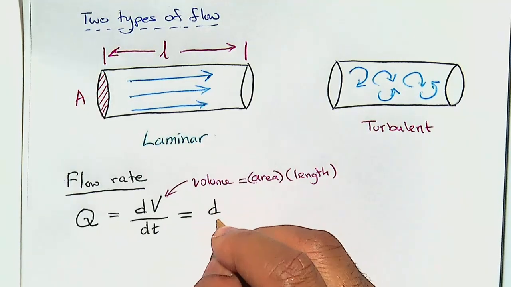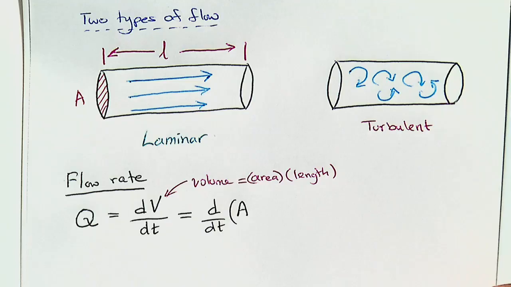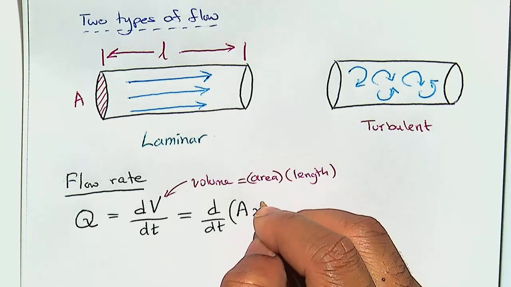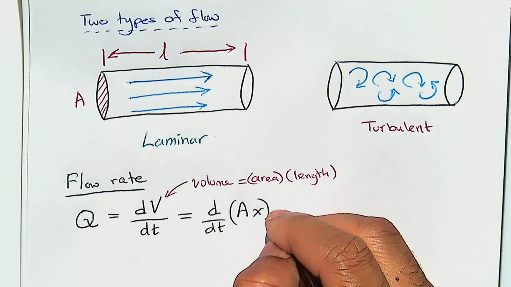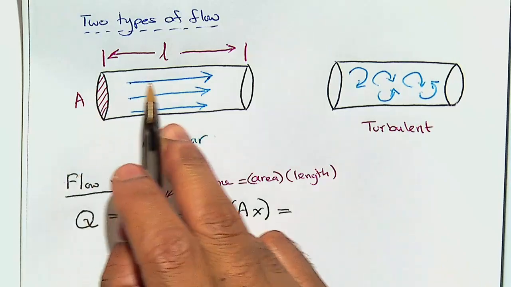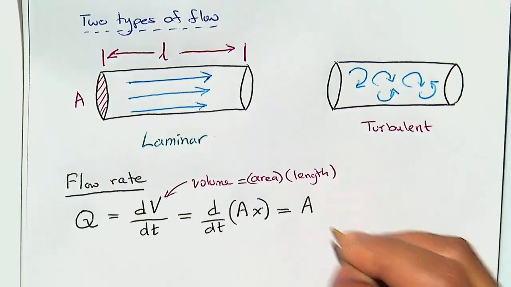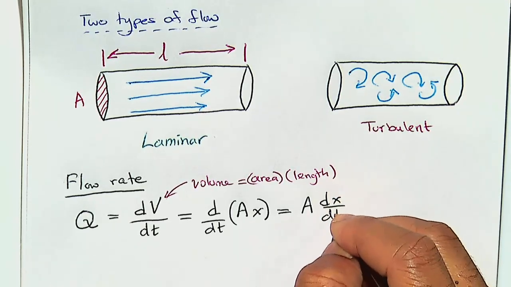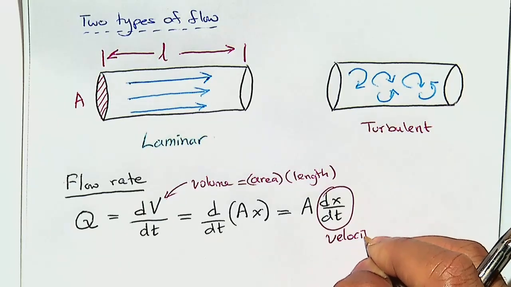So if I have a derivative with respect to time, volume I'm going to rewrite as area times the length. I'll call it x because I'm going to do a derivative. The area of this pipe may not change, right? Maybe it's a constant area. So if I pull that out of the derivative, I'm left with dx/dt, which is velocity, right?